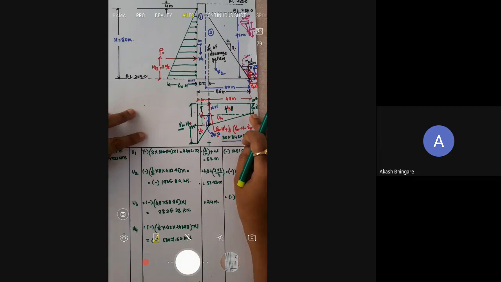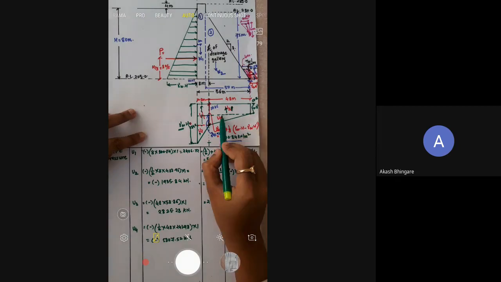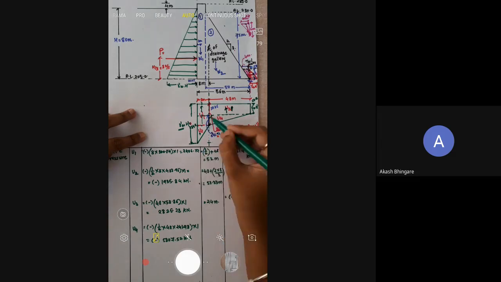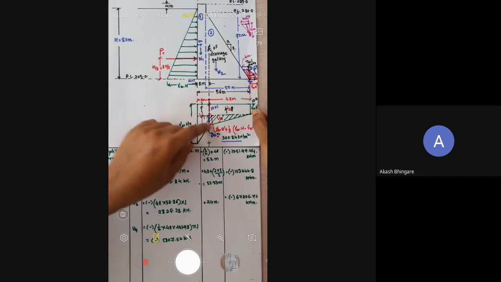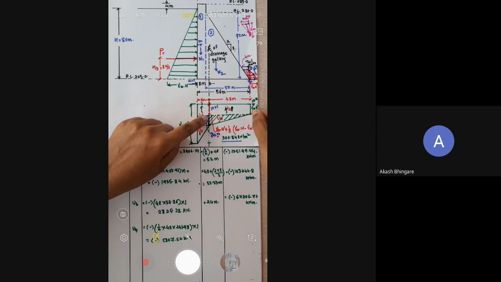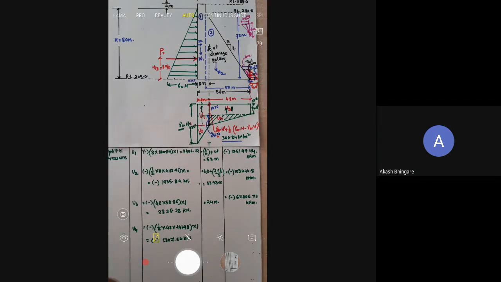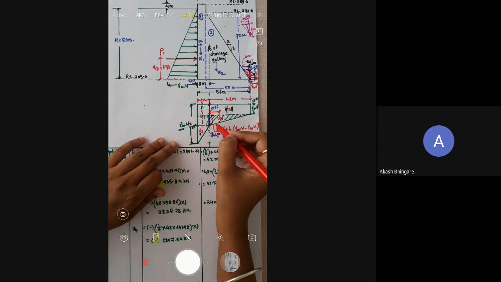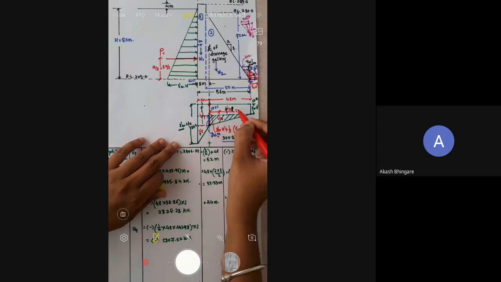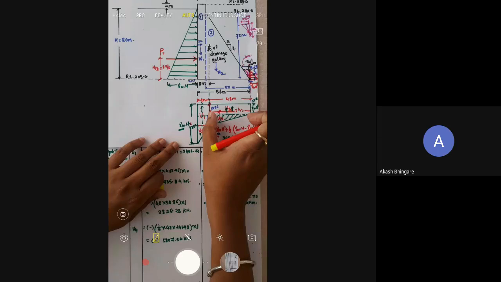48 by 3 is from this face. See, this triangle is there. U4. Take moment about toe, that is to this face. Triangle is there, right? So 48 by 3 will be, Vinayak, that will be from this base, right? So from apex this will be 2h by 3, or say 2 into total distance, 48, 2 into 48 by 3.